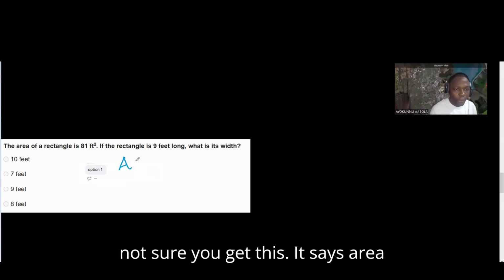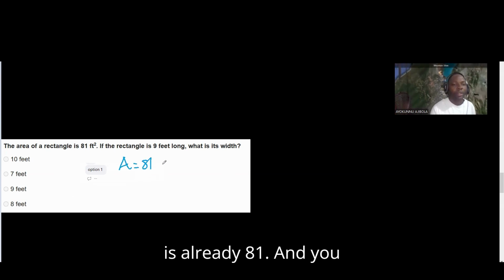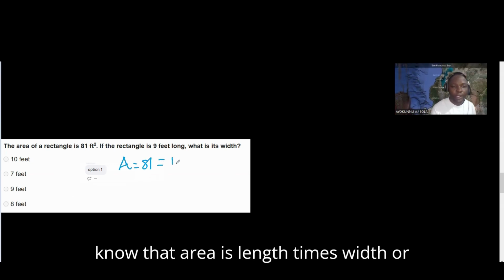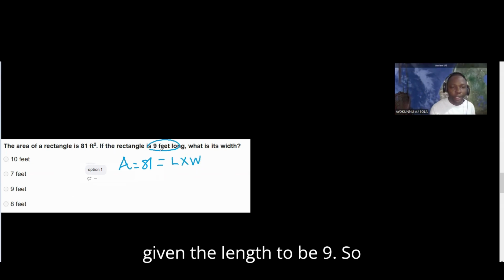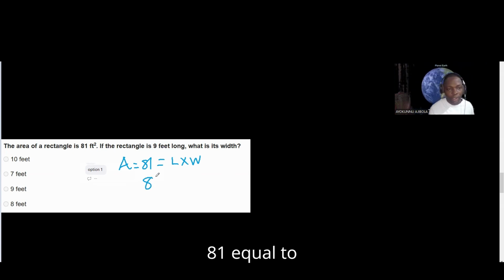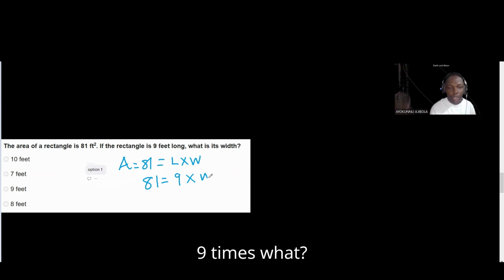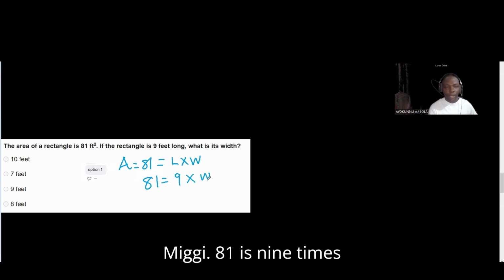It says area is already 81. And you know that area is length times width, or length times breadth. And you've been given the length to be 9. So 81 equals 9 times what? Miggy, 81 is 9 times what?